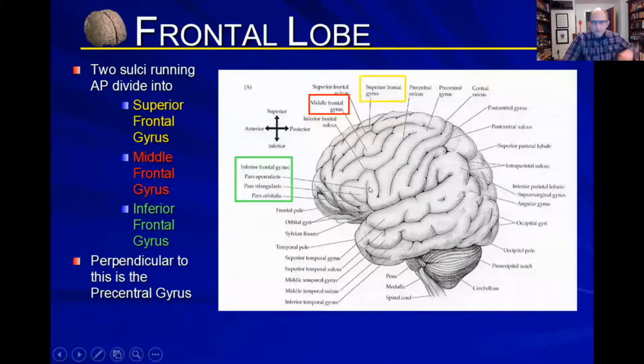The inferior frontal gyrus is a little more complex, so you might break it up into 3 parts: pars opercularis, pars triangularis, and pars orbitalis. Those 3 run in an AP direction perpendicular to the precentral gyrus, right in front of the central sulcus, which is right in front of the post-central gyrus.